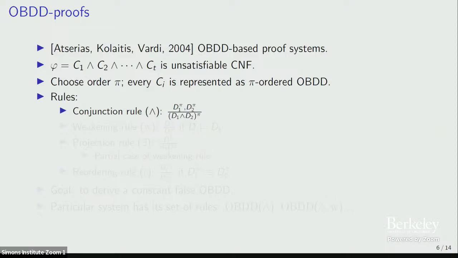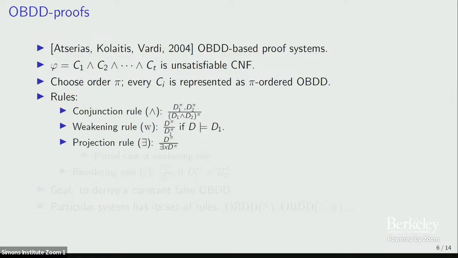The first rule is the conjunction rule. For two OBDDs, we can infer their conjunction. The second rule is the weakening rule. We can derive any OBDD that is semantically implied by the OBDD.